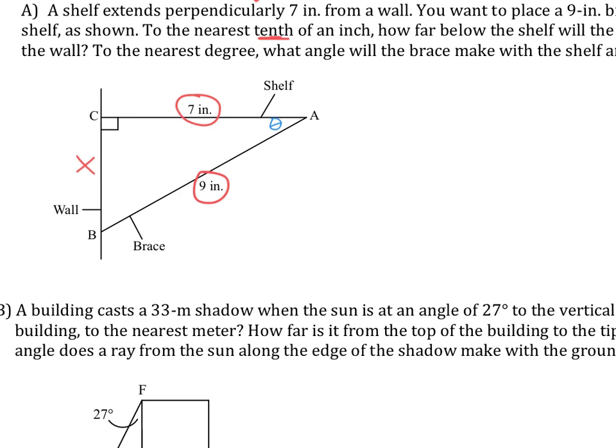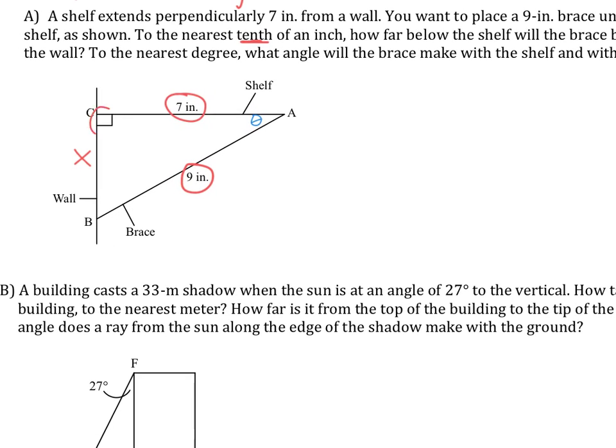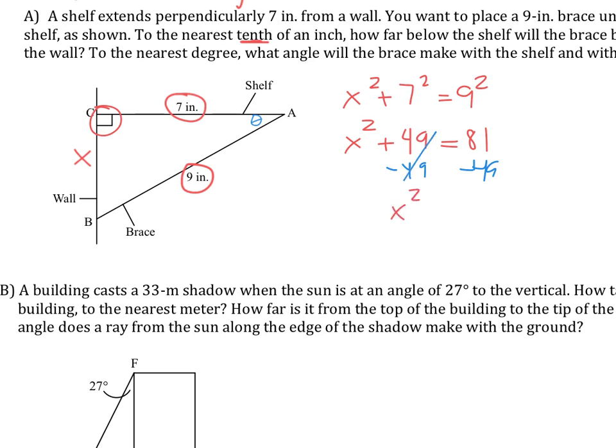And since we know two of our side lengths here, we are working with a right triangle, which means we can use the Pythagorean theorem. So x squared plus 7 squared has to equal 9 squared. So x squared plus 49 equals 81. Subtract 49 from both sides. x squared equals 32.